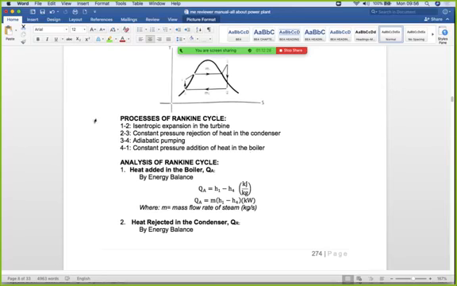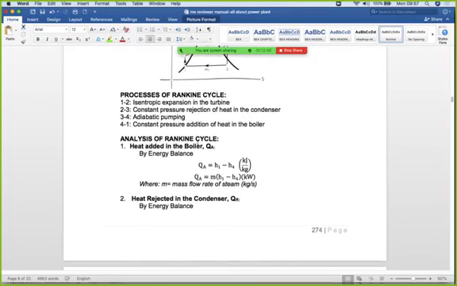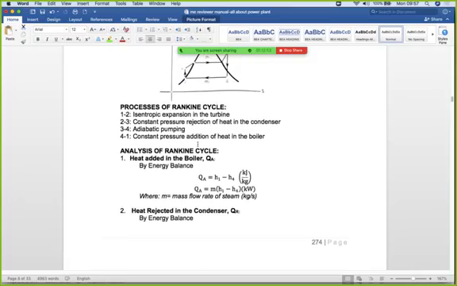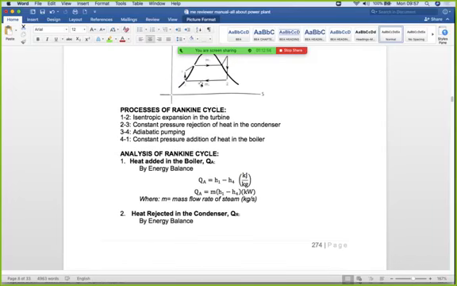So after that, we go from 1 to 2, then 2 to 3 in the condenser. This is just the opposite. So we go now to the heat rejected, the opposite of the heat added in the boiler.